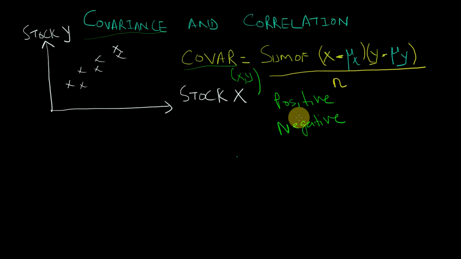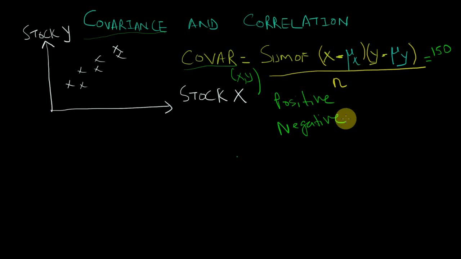What does that mean? If the covariance is a positive number, let's say in this case we got 150, it means that if stock X increases, stock Y will also increase, and if stock X decreases, stock Y will also decrease.